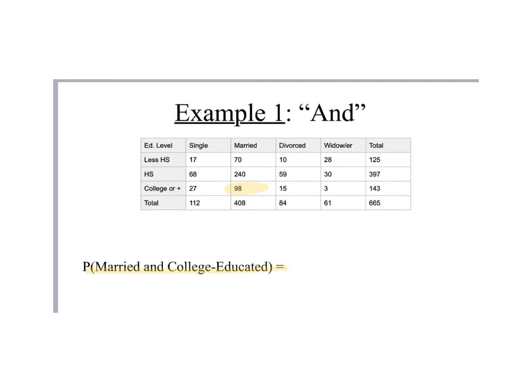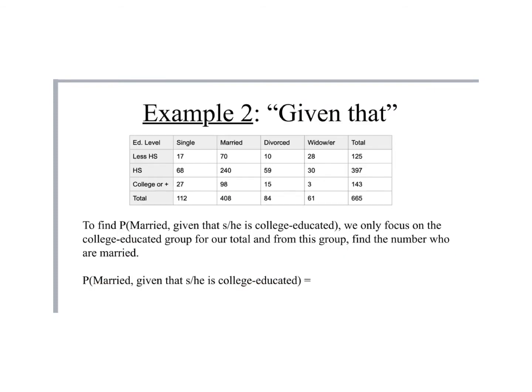And we're going to take it out of the total, because that's all the possible outcomes. So we're going to go 98 over 665, and that gives us 0.147, or 14.7%.